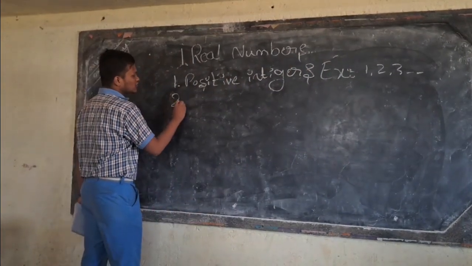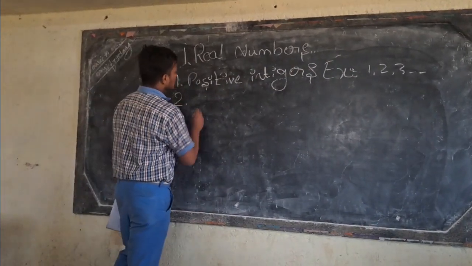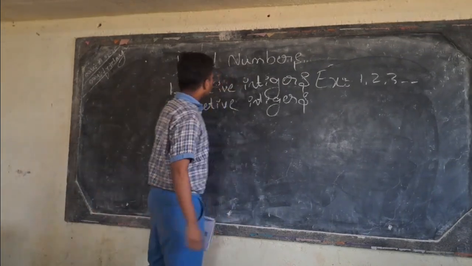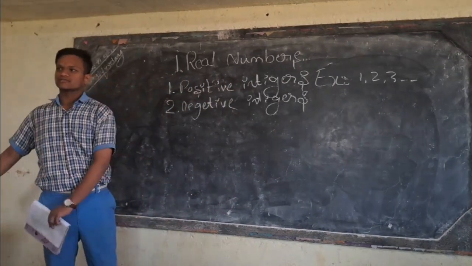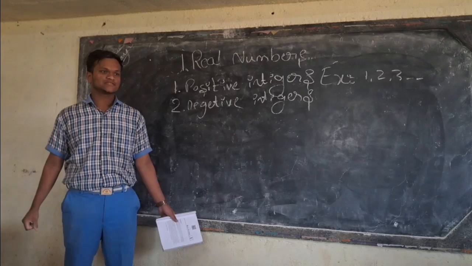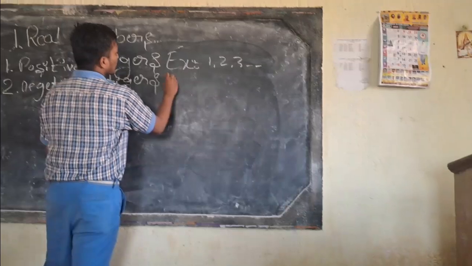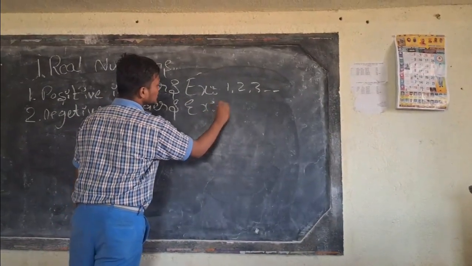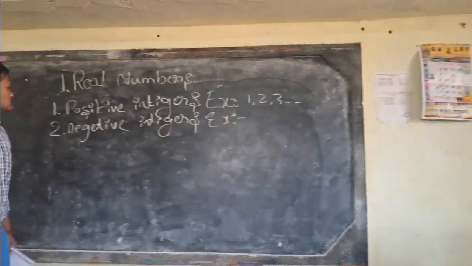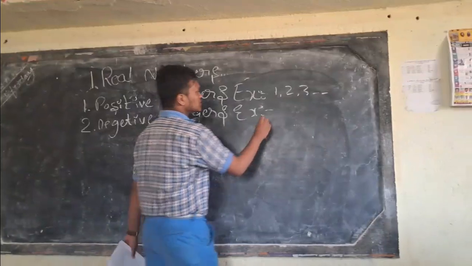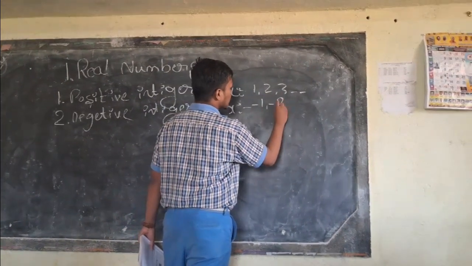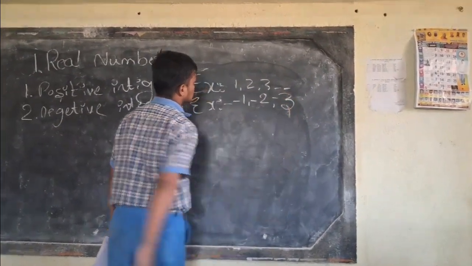The second point is negative integers. What are negative integers? The numbers which are less than 0. Good. Examples: -1, -2, -3.